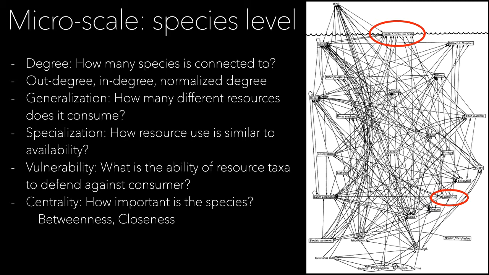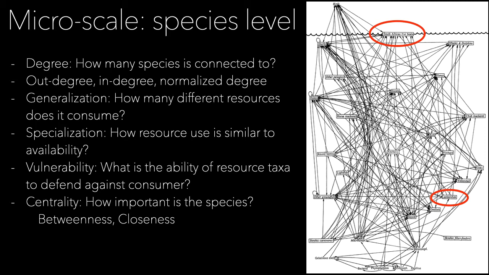We will focus here on two widespread and common properties called betweenness and closeness. If we look at the seals and the lanternfish here, we can represent the betweenness centrality as the number of species that stand between each other.